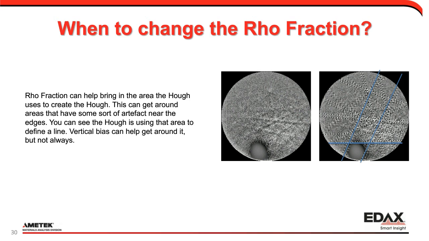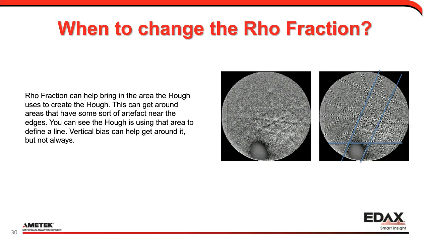What happens here is that I can get around artifacts near the edges of my phosphor screen. It's going to be really useful if I have, say, something shadowing me or whatever. What can happen with that is it'll give me this kind of dark edge. And what happens is that the actual Hough will use this dark edge to say, hey, I have a feature here, and I'm going to use this feature as part of my indexing.